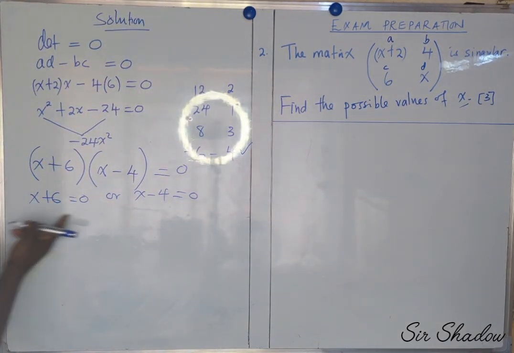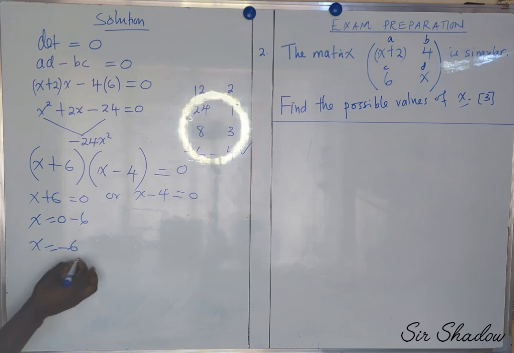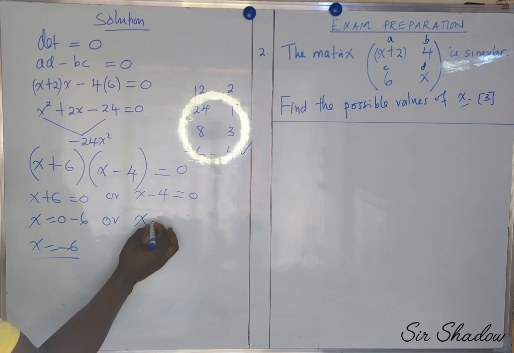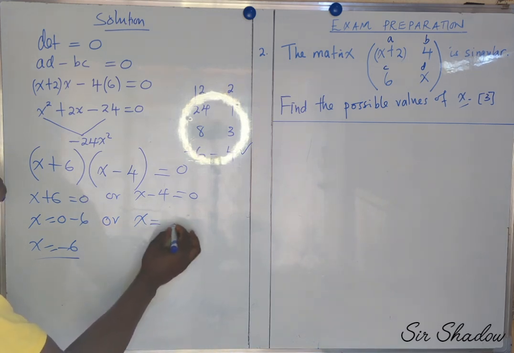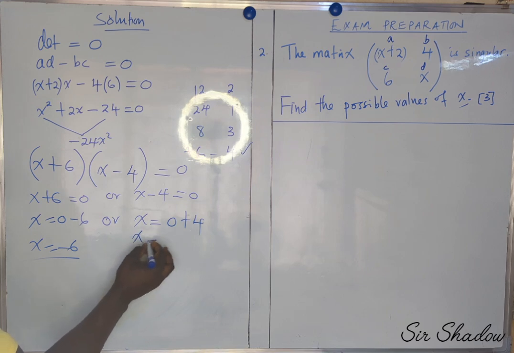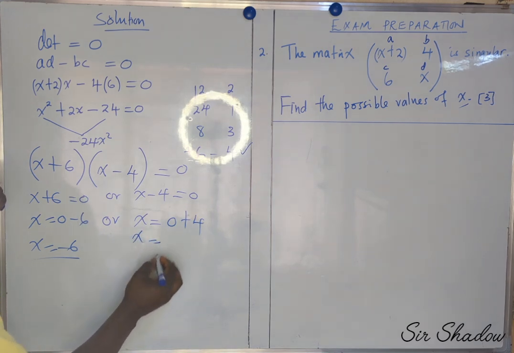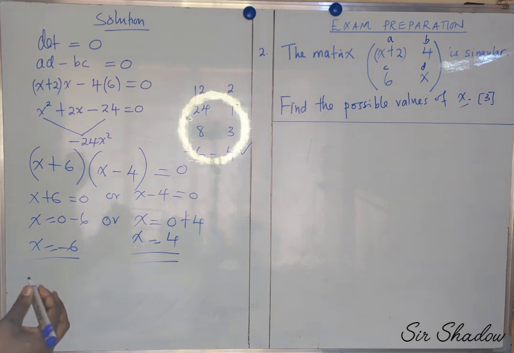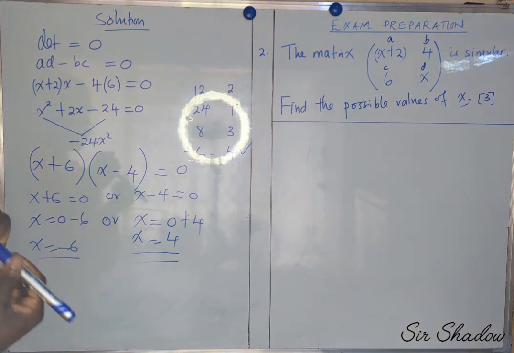So let's now solve these linear equations. x is equal to 0 minus 6, so x is equal to negative 6. That's our first possible value. Here is our second possible value: x is equal to 0 plus 4, simply grouping like terms, so we get 4. This is our second possible value of x.